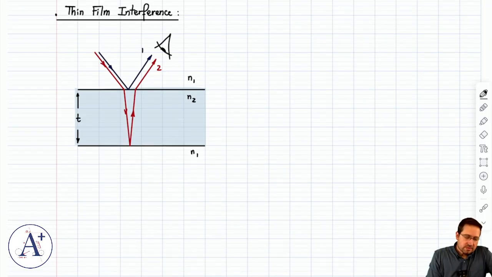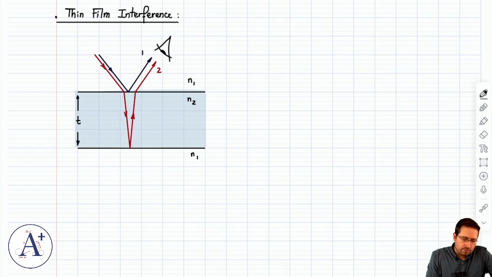So, with that said, we draw the rays like this, even though they travel vertically, because at least now we can tell them apart. And then we need to do a couple things to account for the fact that, number one, not all reflections are made equal. We're going to have to talk about that.